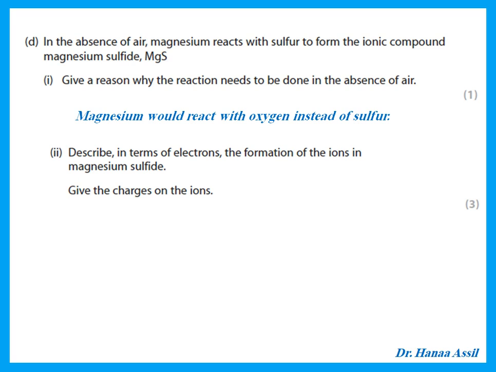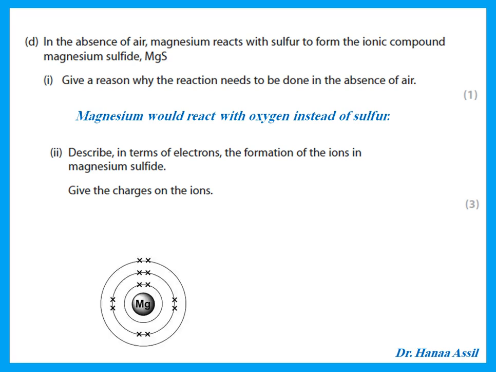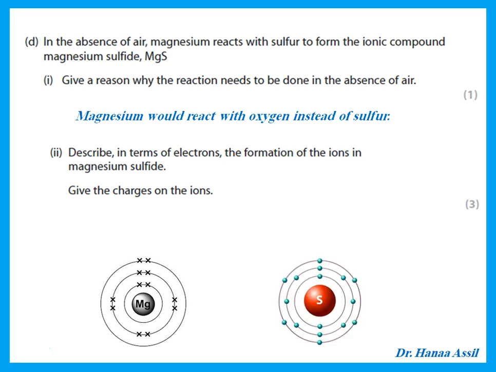Describe in terms of electrons the formation of the ions in magnesium sulfide and give the charges on the ions. Now, when magnesium reacts with sulfur to form magnesium sulfide, what is happening? You should realize that magnesium is in group 2. It has 2 electrons in its outermost shell, so it wants to lose these 2 electrons.